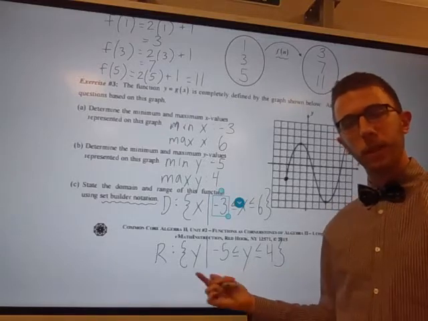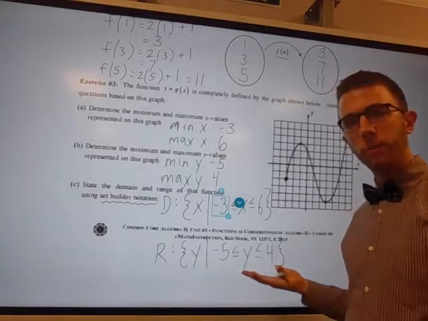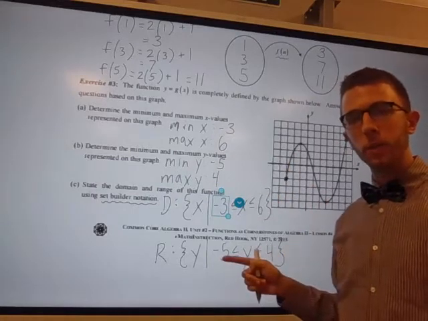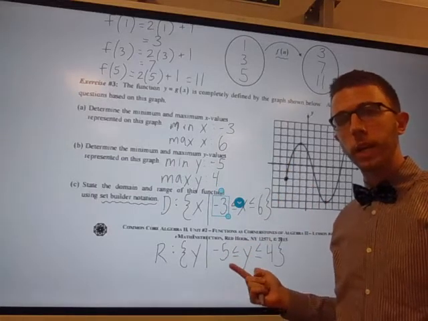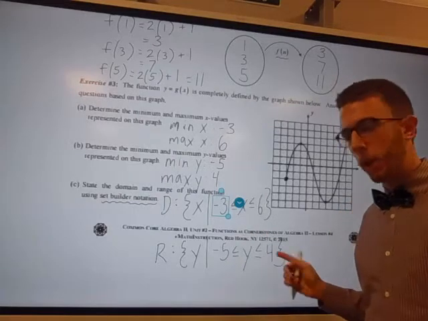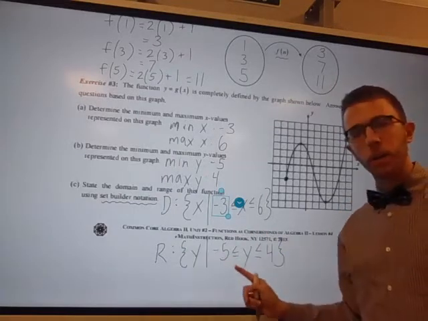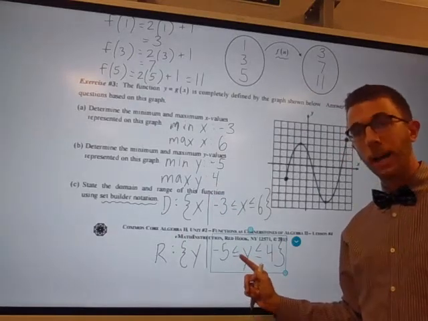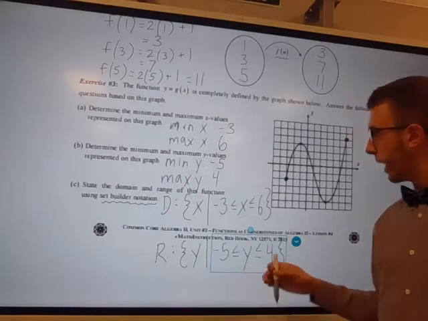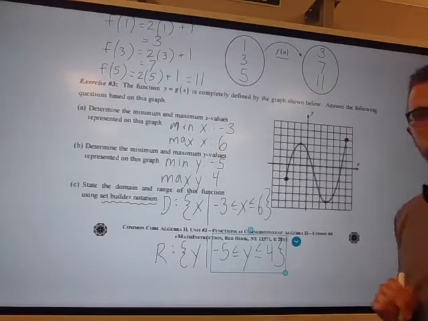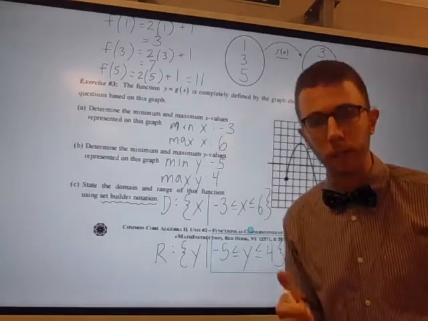Again, that's just a fancy way of writing that y for this function is all the values between and including -5 and 4. We know from this that these values are included because we have the less than or equal to, not just the less than. Because these are solid dots here, so we know those points are in fact included.